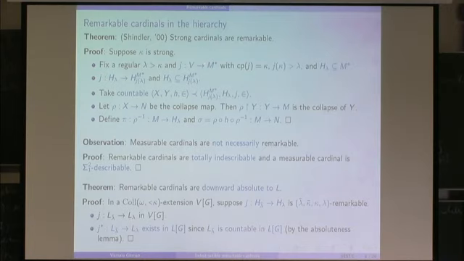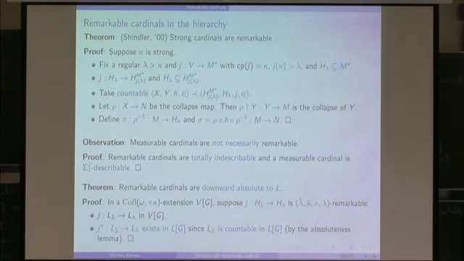I want it to be a lambda strongness embedding, so I have that H lambda is contained in M star and the critical point goes above lambda. Let's take j and restrict it to H lambda, mapping to j of H lambda in M star, and because of my assumption, H lambda actually sits inside H of j lambda. Therefore, this is a first order structure. The universe is H of j lambda. H lambda is a subset of it, j is a subset of it, and of course the membership relation.